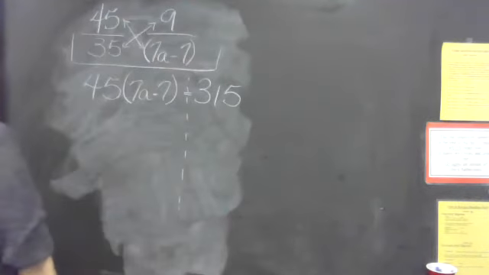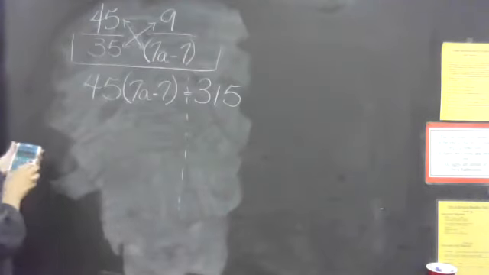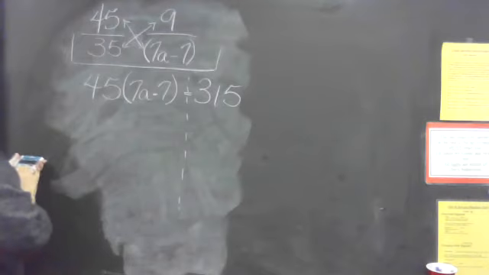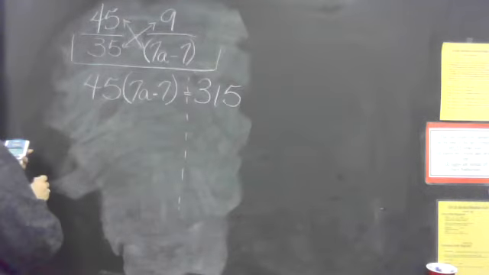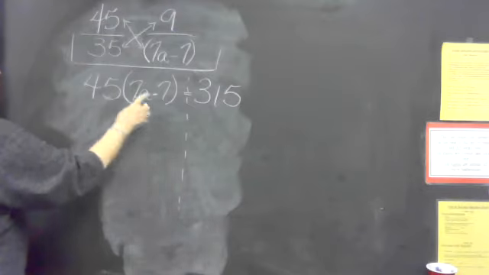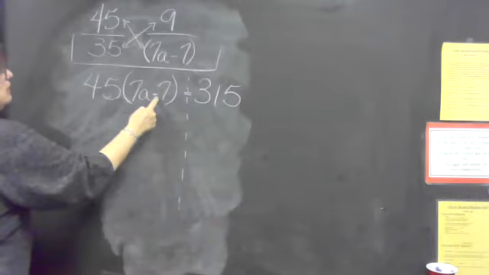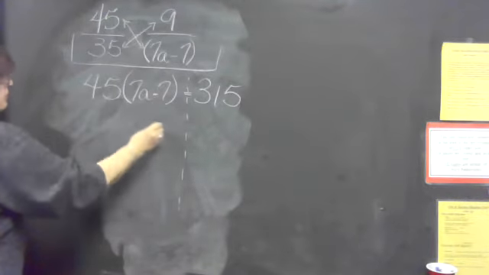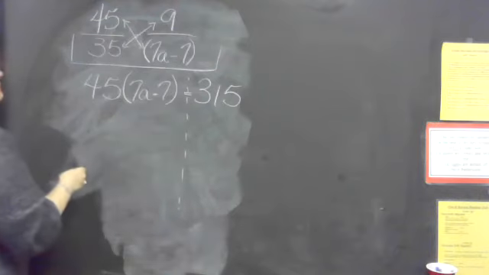Time to solve. And this is the part I thought you might have trouble with. Maybe not. Right here it says, we can't go up into here and add 7. You can't go up into a set and take a piece out.